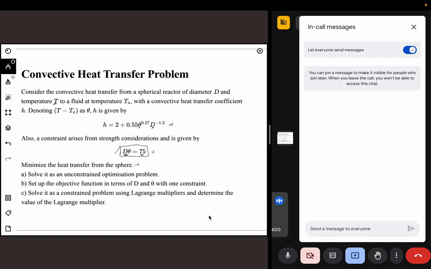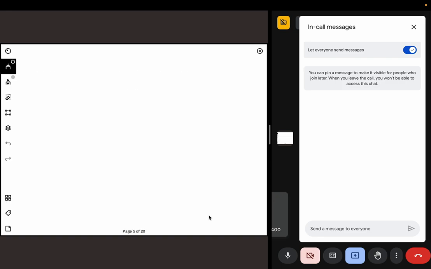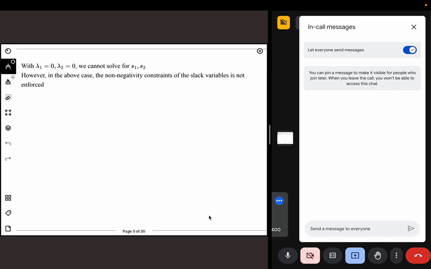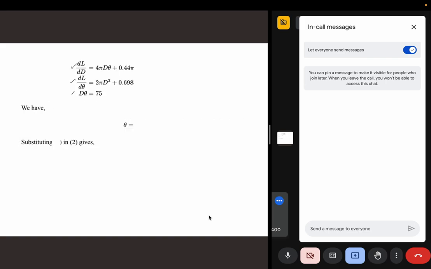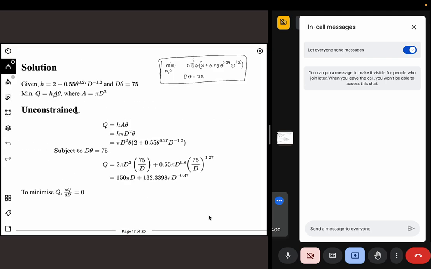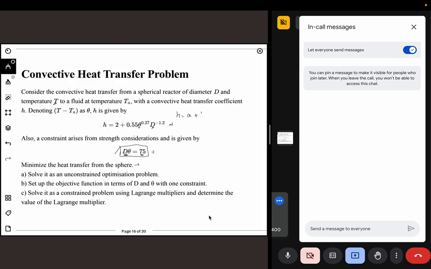Say you will formulate h equal to some a plus b times theta power m d power n or something, and then you have to find this a, b, m, and n from your data. So essentially, you'll do something like h minus a equal to b times theta power m d power n.